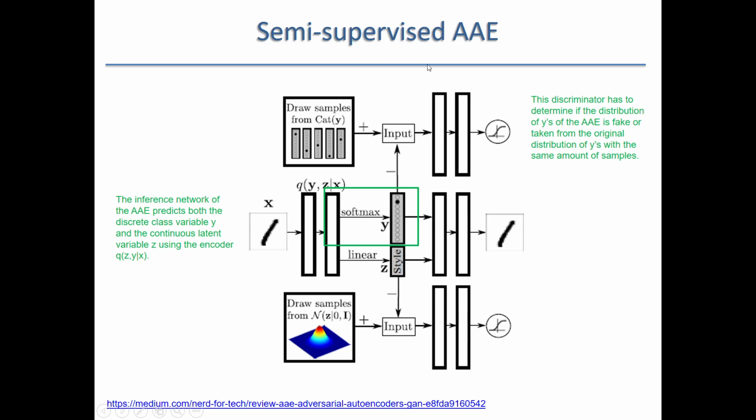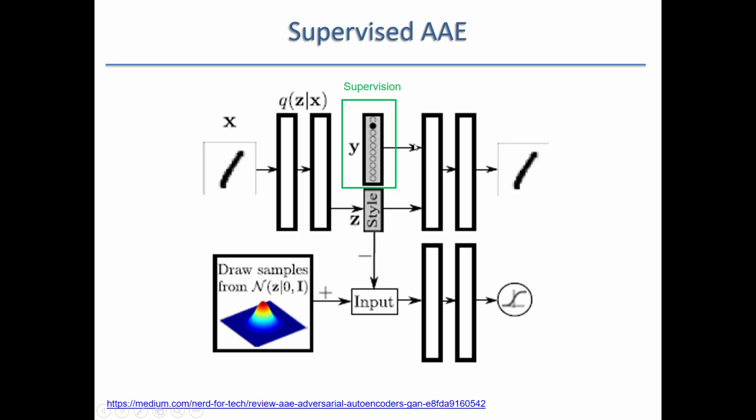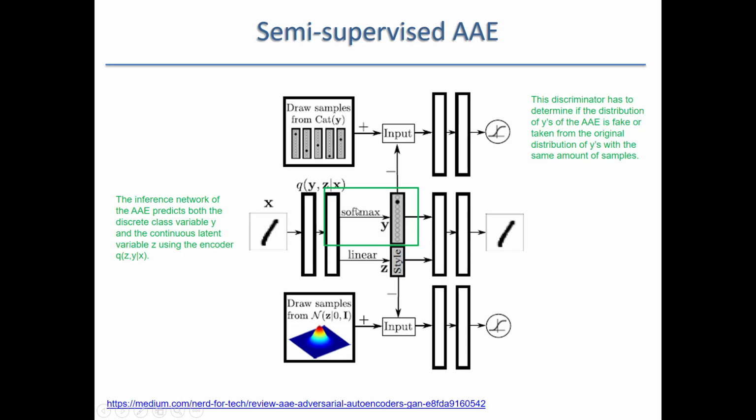We can have a semi-supervised autoencoder in which all this part stays the same. Now the prediction, this y that we had before, is coming from the encoder part of the autoencoder. So now there is another discriminator.